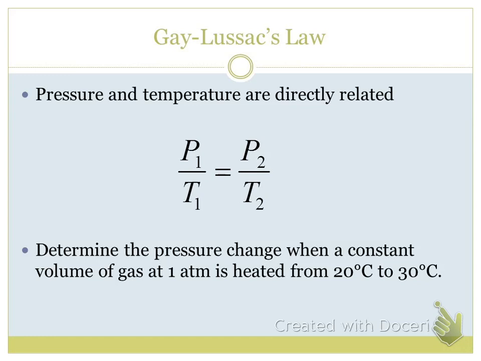So we're just going to do one here with Gay-Lussac's law. Determine the pressure change when a constant volume of gas at 1 atmosphere is heated from 20 degrees to 30 degrees.